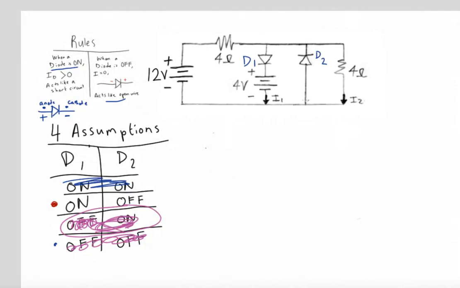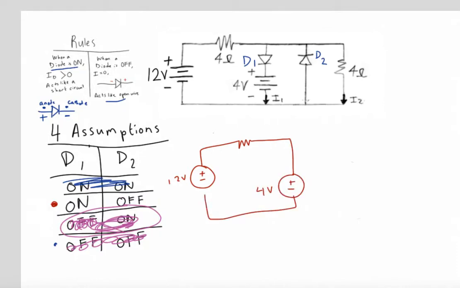And now let's solve the last part of this problem, solving for the currents I1 and I2. So we have to redraw this circuit according to this assumption. We have 12 volts here, 4 ohms. Diode 1 is on, so a wire.